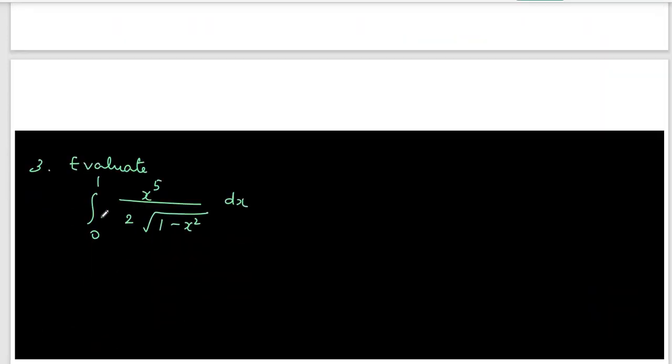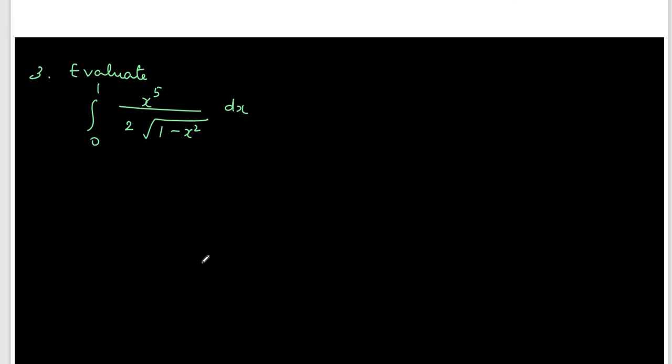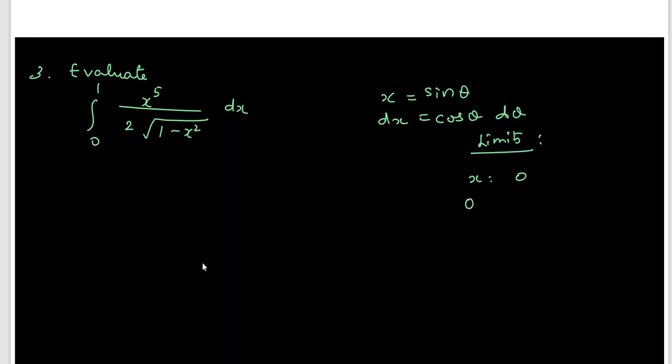So that should not be forgotten. Now the next one. In this case, we cannot directly make use of the reduction formula, but by giving a substitution, if we take x to be sine theta, then dx will be cos theta d theta, and the limits: if x takes the value 0, what will be my theta?